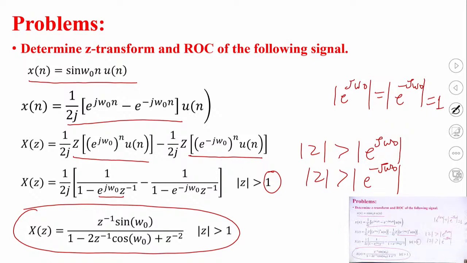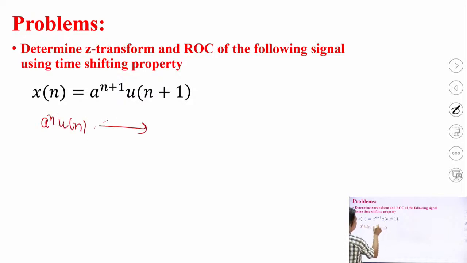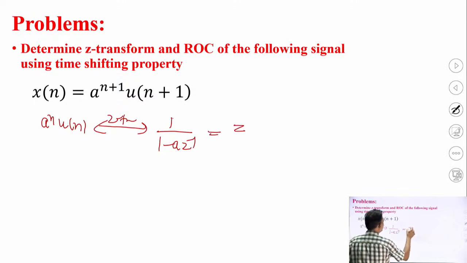Okay, now next question: determine the Z transform and ROC of the following signal using the time shifting property. According to the time shifting property, if our signal is a to the power n u(n), then if we take the Z transform of it, we get 1 upon 1 minus a z inverse, or you can also write it as z upon z minus a.